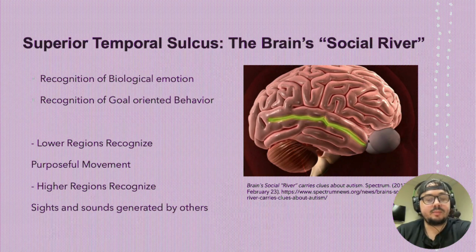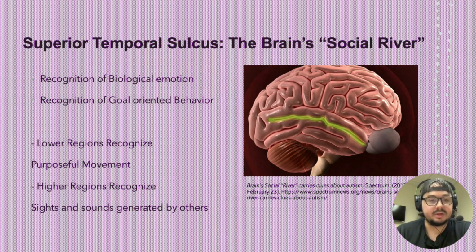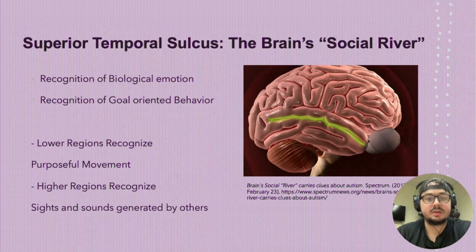So one area of the brain that we believe has a lot to do with the idea of mentalizing another person's perception and emotions is the superior temporal sulcus. This has been called the brain's social river, and is known for being able to recognize biological emotion, as well as the recognition of goal-oriented behavior, or behavior that is meant to serve a purpose.